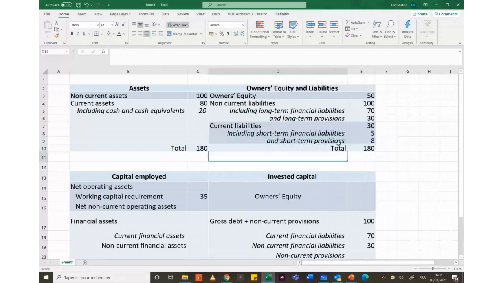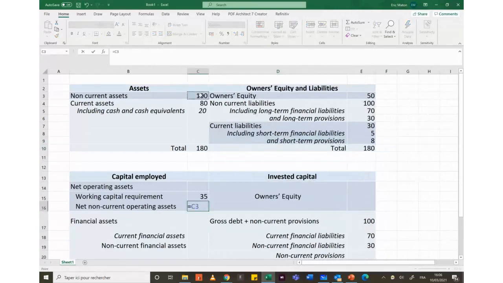In the net non-current operating assets, we suppose we don't have financial assets here. We take the 100 minus the rest of the non-current operating liabilities. We don't take in the 100 the 70 because it's financial liabilities, and we don't take the long-term provisions because it's discounted. But in fact, we have nothing else. So we keep here only the 100.